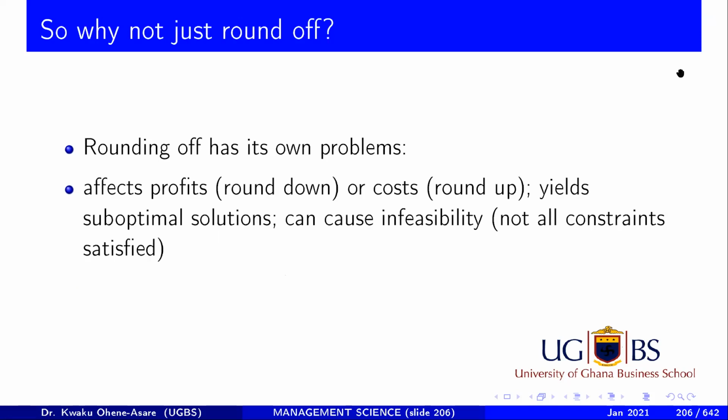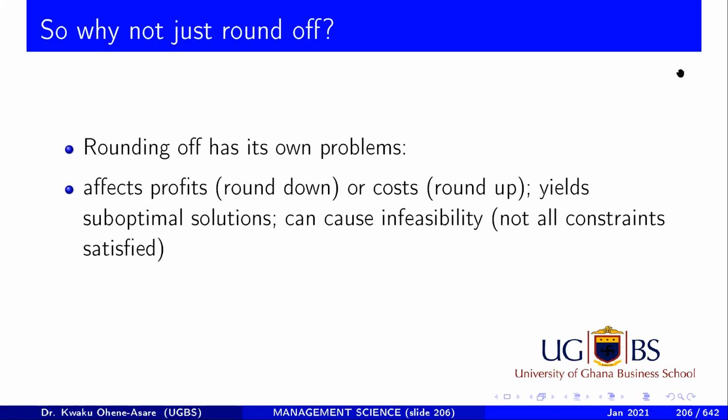Sometimes the temptation is to round off. So instead of 48.53, the person will just round it up to 49. Now, rounding off has its own problems. It can affect profit, it can affect loss, it can yield suboptimal solutions, it can even cause infeasibility. I'll give you an example.